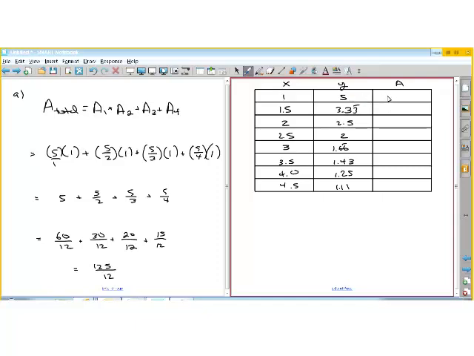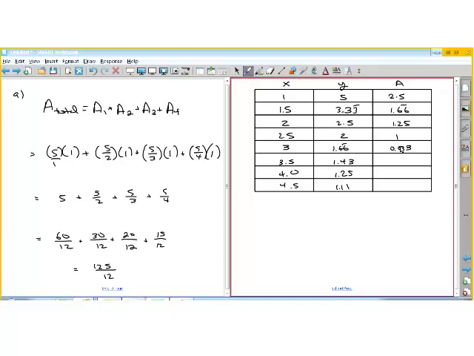So if we multiply all these by 0.5, 5 times 0.5 is 2.5. 3.33 times 0.5 is 1.66. 2.5 times a half is 1.25. Half of 2 is 1. 1.66 divided by 2 is 0.83.